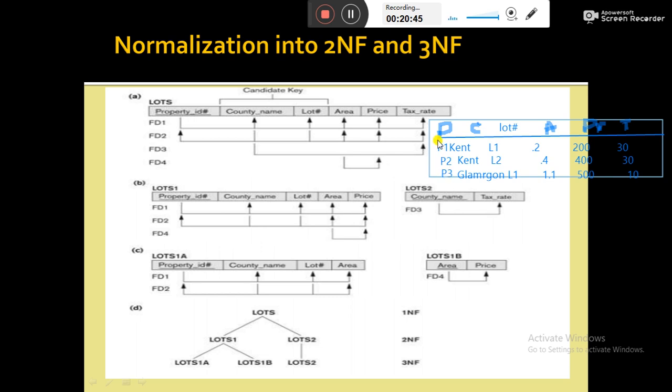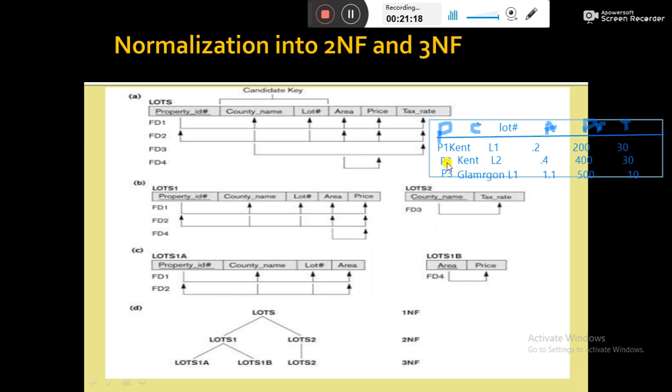That is why it is the primary key. With the help of property ID, we are able to uniquely identify a particular record. Then the next attribute is the county name. Here the first county considered is Kent. So property ID P1, county name is Kent. Lot number is L1, means lot number 1. Area is, say for example, 0.2 acres. The price of that area is 200 rupees and tax rate is 30.